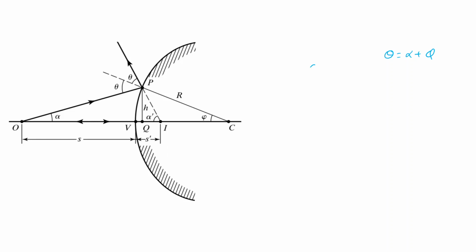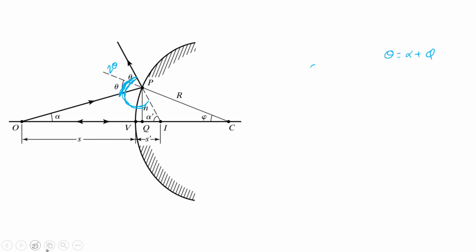Now similarly, you can see that these two angles, if I combine these two angles, I have 2 theta here, right? And if I look at this entire angle here, that should be 180 degrees.